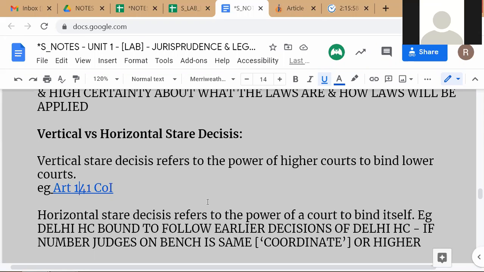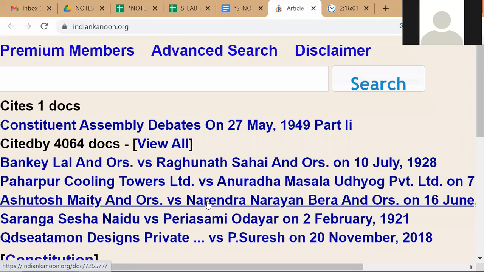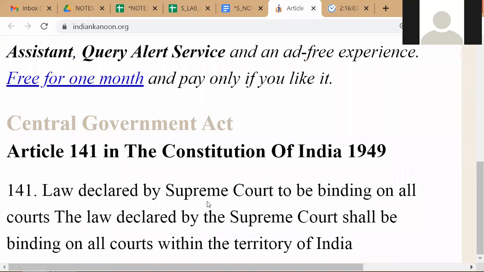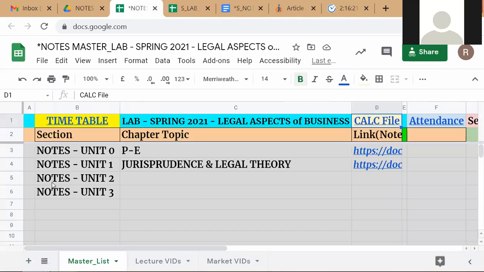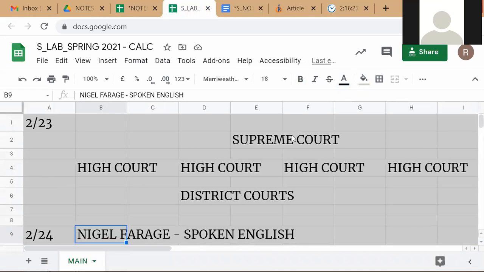Here you have Article 141, where it says, and I think Sushant himself was asking this once, that law declared by the Supreme Court is binding on all courts. So whatever the court decides, until it is set aside, it will be binding on all courts, because of course the Supreme Court is above all the other courts. So it is vertical stare decisis when the Supreme Court is binding the Delhi High Court or the Calcutta High Court.